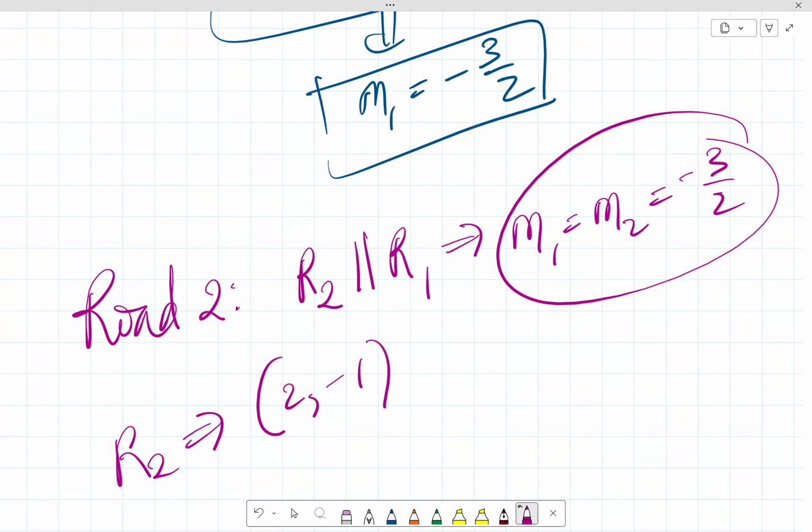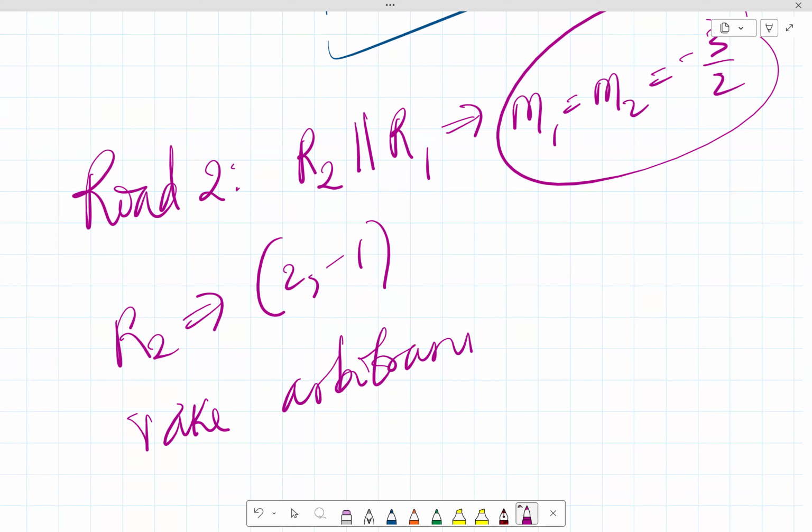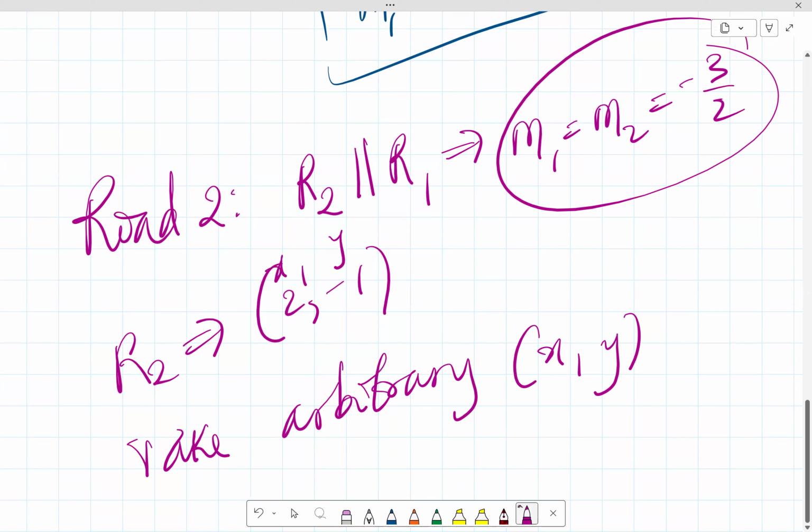And since we have the slope and a point through which the road passes, what we just need to do is take an arbitrary point (x, y). Since you have the arbitrary point (x, y), don't forget this is (x1, y1).